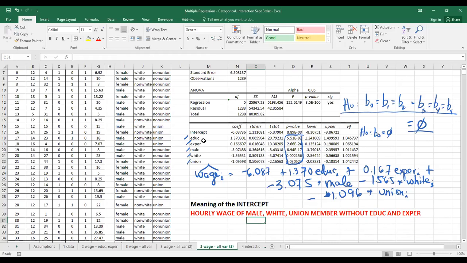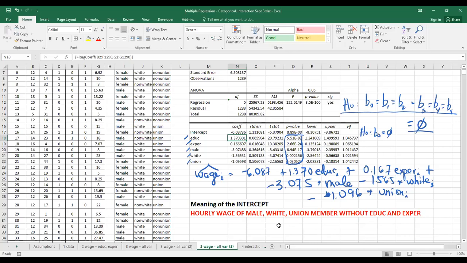So how about this one, guys? Sige, tingnan natin isa-isa to ha. How about education? Ano ibig sabihin ng 1.37 na to? What's the meaning of the slope 1.37? Sir, for every 1 year increase in education, there's an increase of $1.37 in hourly wage.